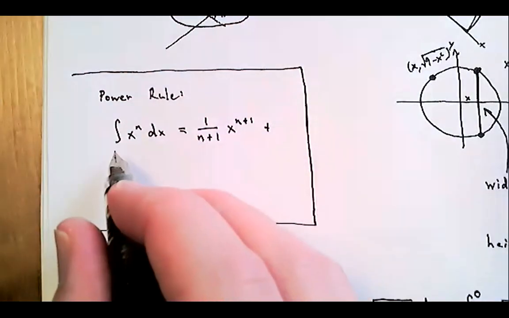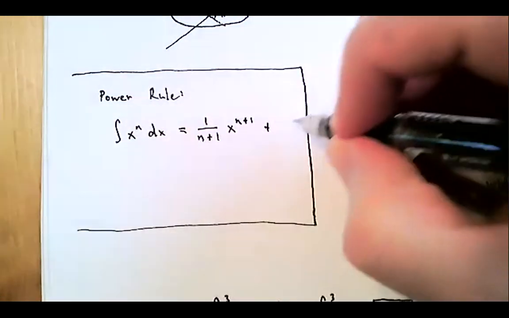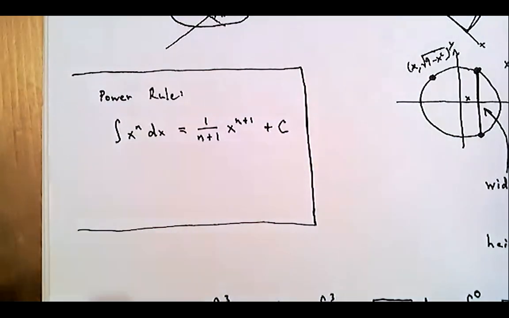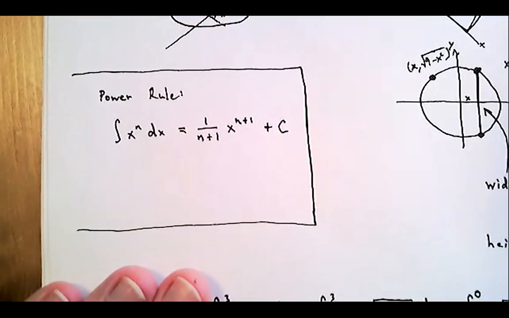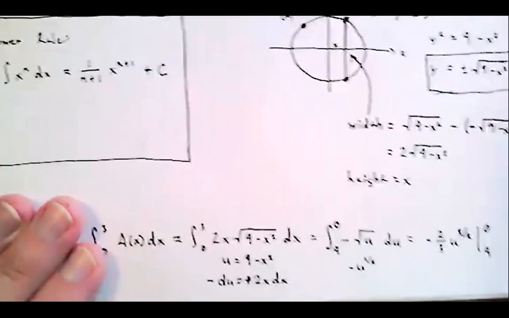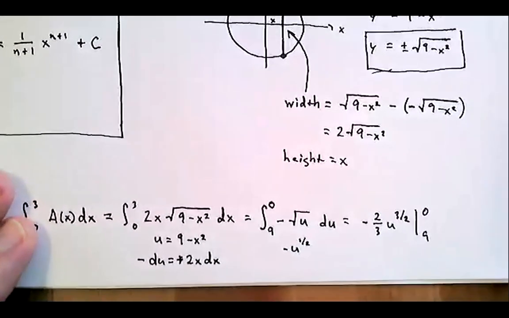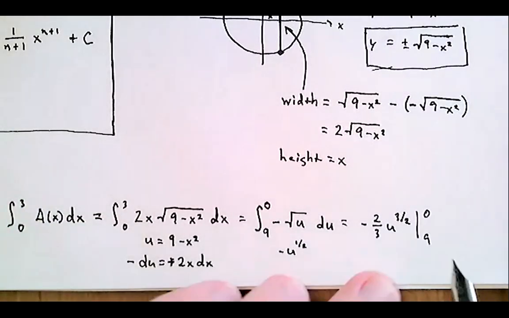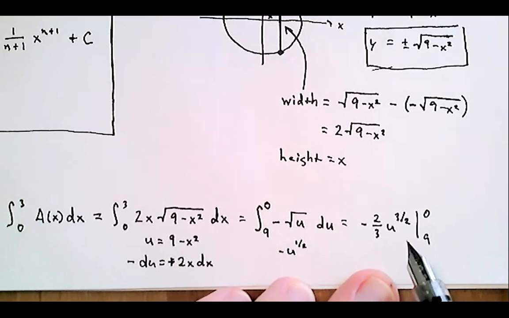And then since I wrote it this way without limits of integration, I need to make sure I add a constant plus c. So that's all we're doing in this problem, just using the power rule. And the last step is to plug in my 0 and 9.